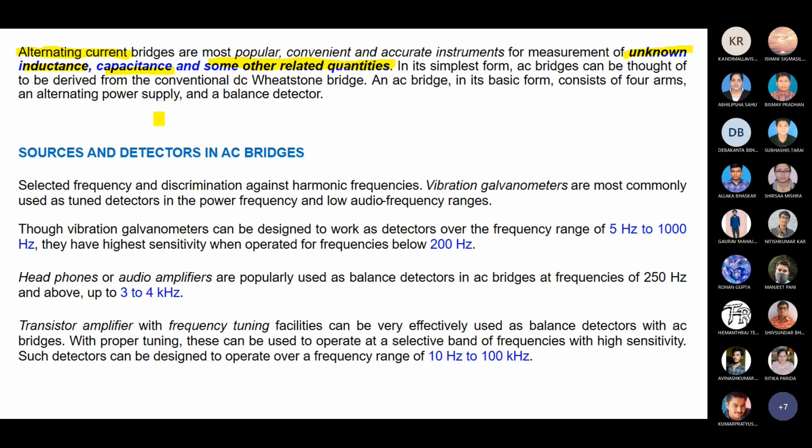Capacitive reactance Xc equals 1 by j omega C. For inductance, XL equals j omega L. Omega is the angular frequency, and omega equals 2 pi f. So it becomes j 2 pi f into L, or 1 by j 2 pi f into C.